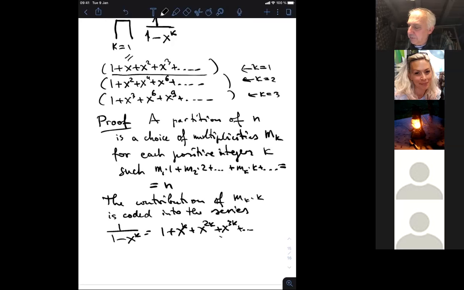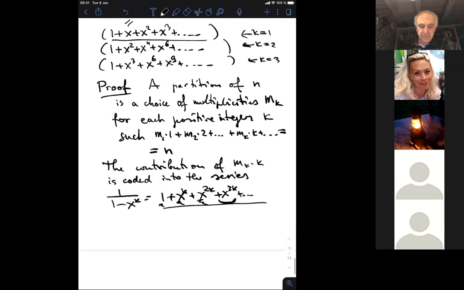So for example, if we pick this guy, we're saying that we're taking number k 3 times. So we'll have 3 copies of k and no more. But this generating series allows us to pick 0 copies of k, which is this one, 1 copy of k, which is this term, 2 copies of k, which is this term, and so on and so on.